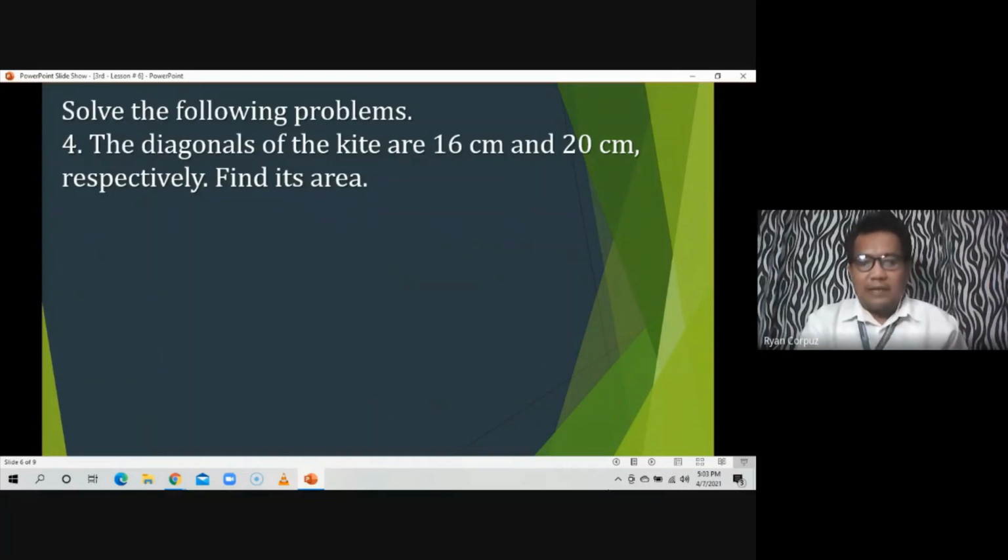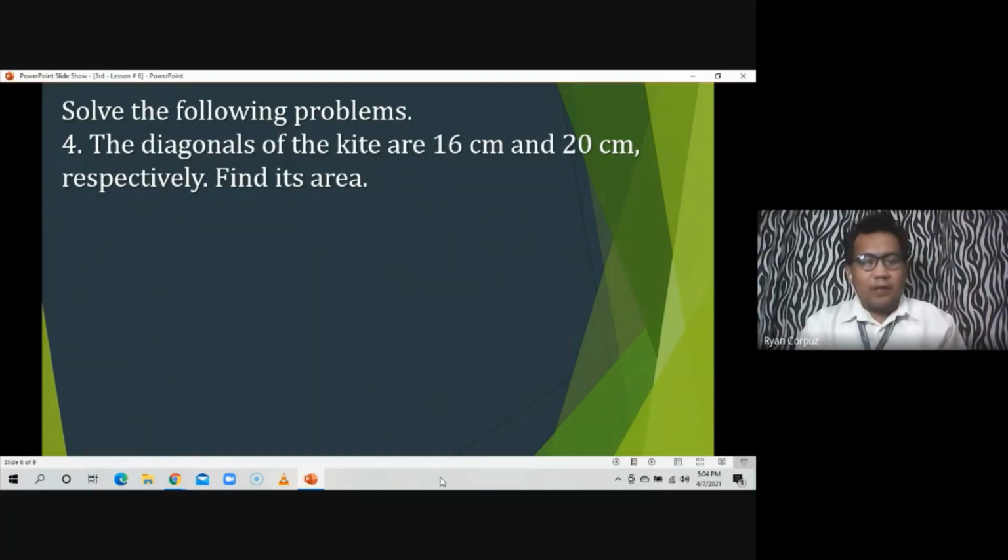So, ang kaibahan lang nito doon sa mga unang problems na sinagutan natin is that these problems are written in words. But still, we know that the figure given is a kite. And a kite is a quadrilateral with perpendicular diagonals with a given measurement for the diagonals of that given kite. So what we are looking for is its area.